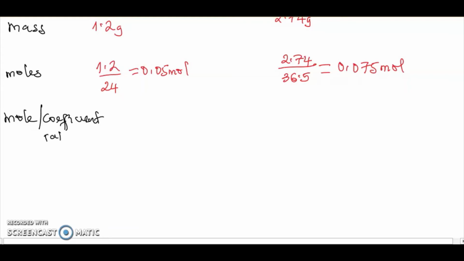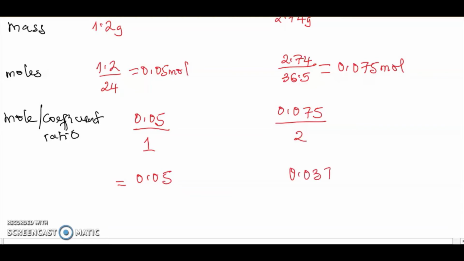The mole 0.05 for magnesium divided by the coefficient of magnesium, 1, gives 0.05. The mole of hydrochloric acid, 0.075, divided by the coefficient, 2, gives 0.0375.